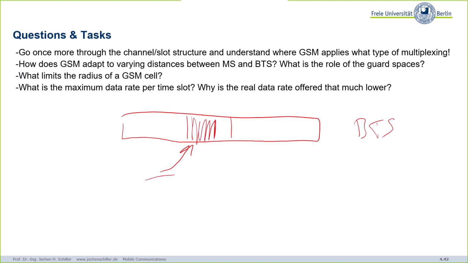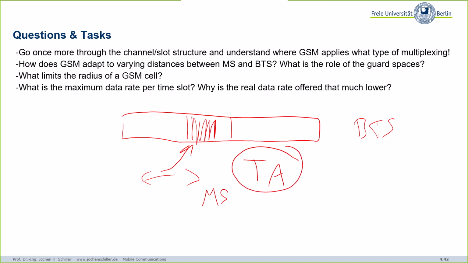Now if your mobile device moves closer or further away from the BTS, you have to have a certain guard space because you have reflections and this and that. So you have certain fluctuations inside the slot, but you pretty soon have to adapt the sending time by the time advance field.